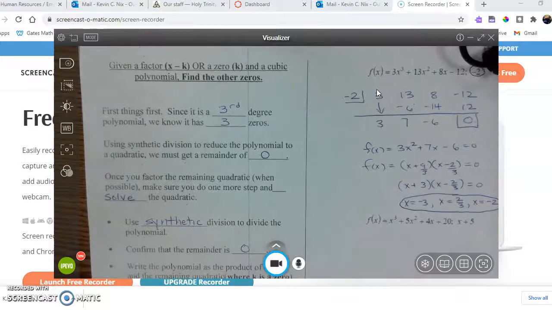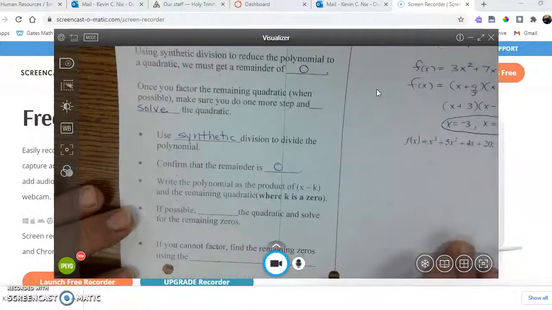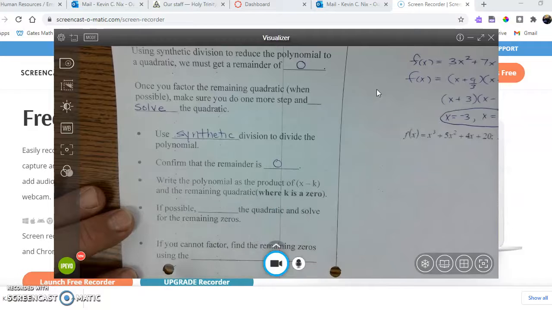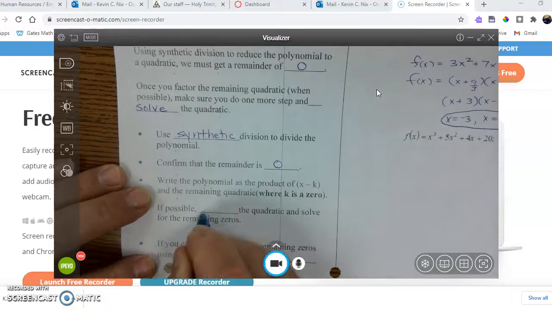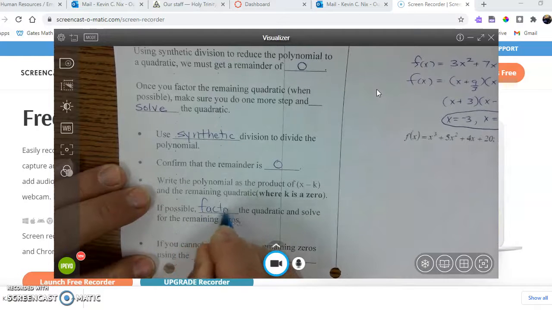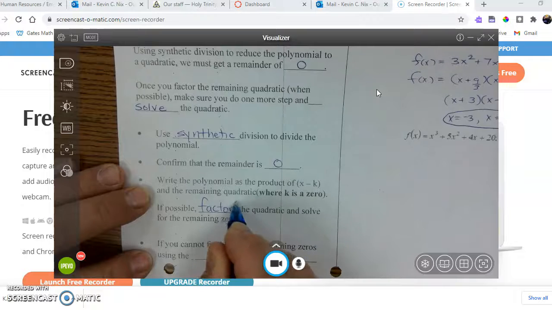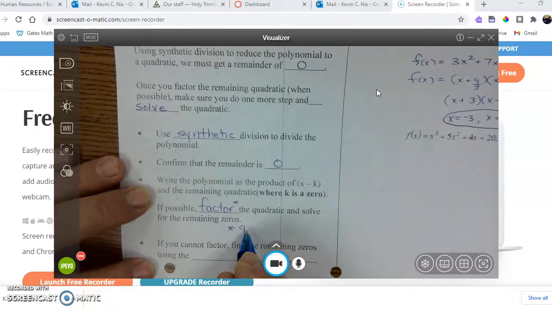We confirmed that the remainder was 0. Then we got our new polynomial and we factored and solved for the remaining zeros. Okay? If we can't factor it, we might do the quadratic formula to get the remaining zeros.